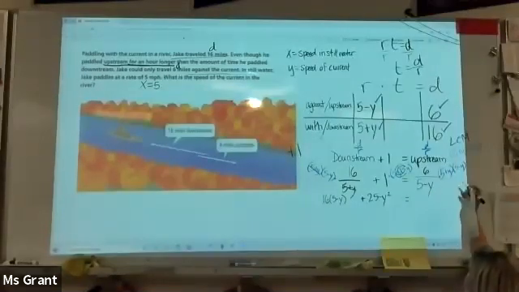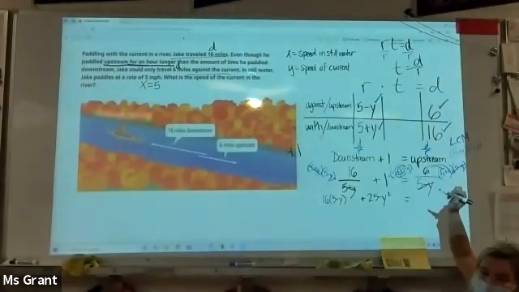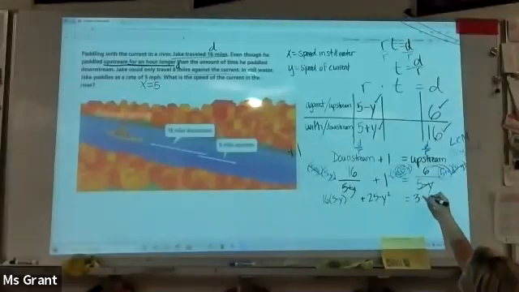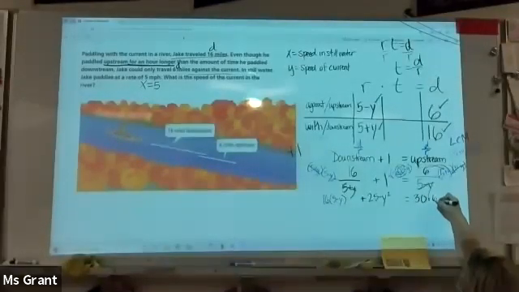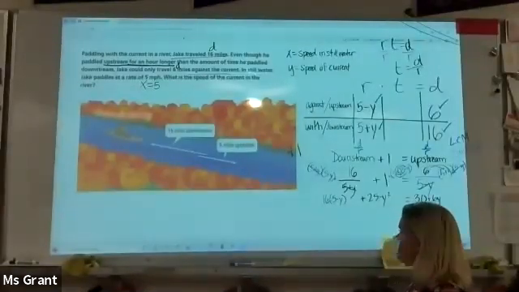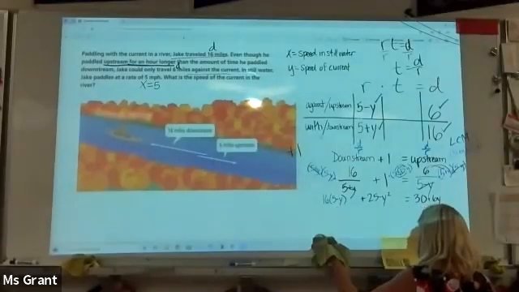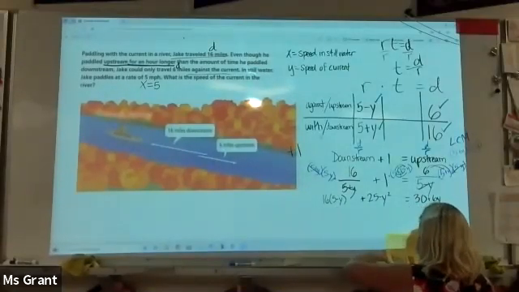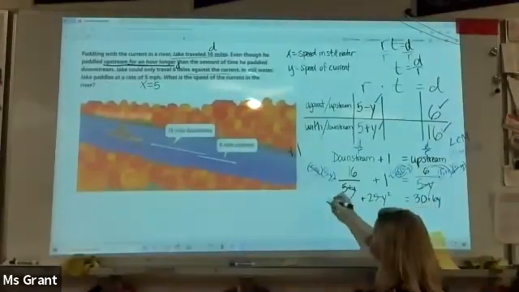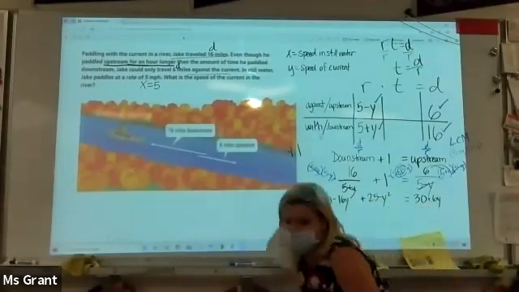Then 5 minus y cancels, but I have 6 times 5 plus y. 6 times 5 plus y, 30 plus 6y. 16 times 5 minus y is 80 minus 16y.